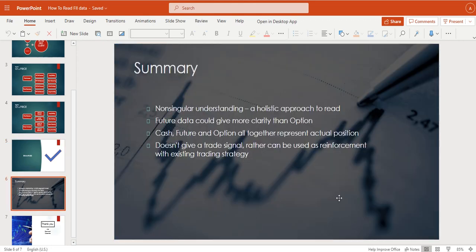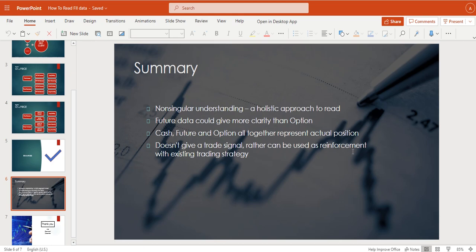When you are reading the data, we need to look at it holistically, because cash, futures and all options together can represent their actual position, whether they are bullish or bearish. So we need to consider all of this together to understand whether these participants, FII, DII, Pro, are on the bullish side or bearish side.